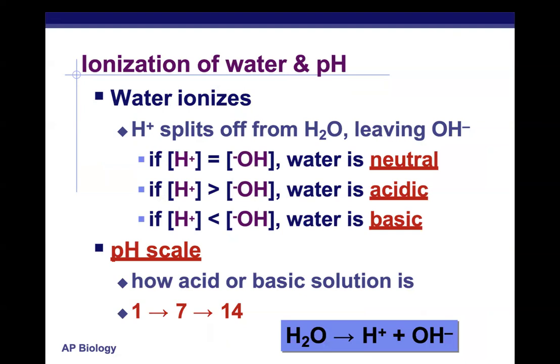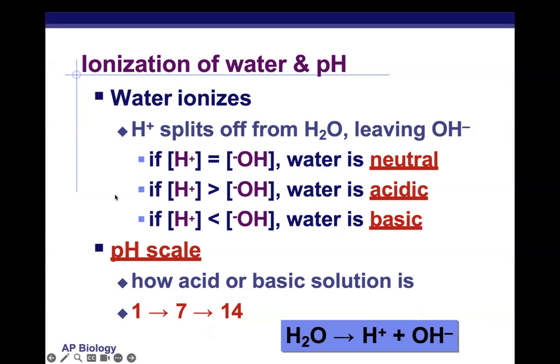Water as a substance ionizes. All that means is that water can be split into positive ions and negative ions. We can split a positive hydrogen ion off from water and have a negative hydroxide ion like this, right? Now, pH in general is based on water. pH is a measure of how acidic or basic something is.